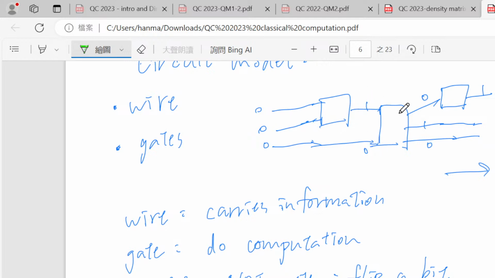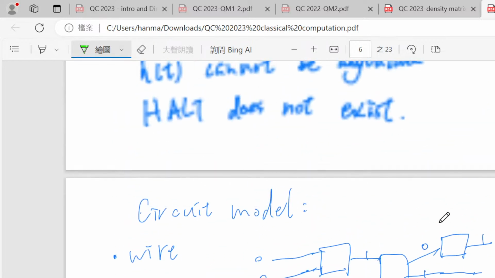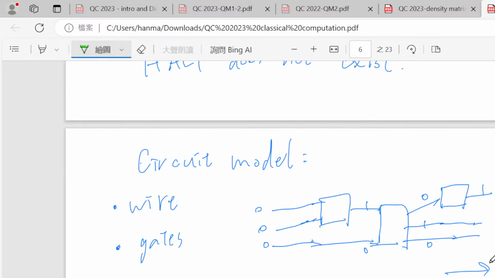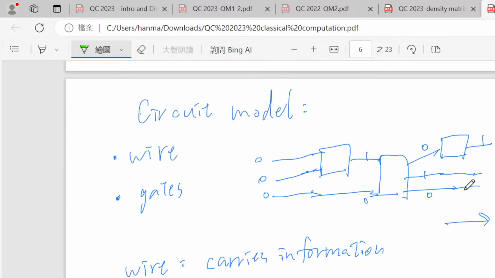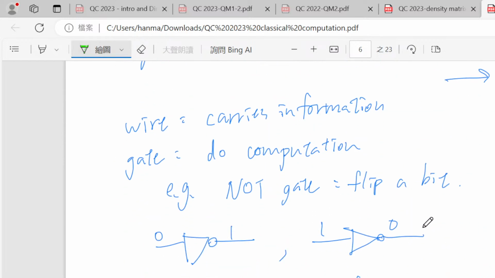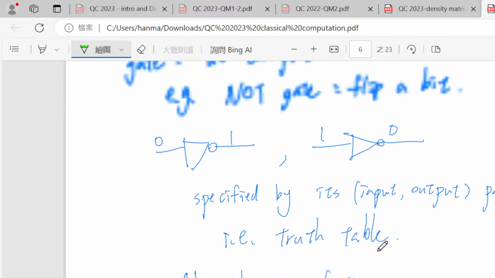And then this gate sees the input is 1, 0, and says we want to output 0, 1, 0, etc. And when we write this, time usually goes from left to right. Okay? So we think the left side is input and it goes to the right, and these are the output. So this is the circuit model, and some spoiler ahead, we are also going to think about a quantum computer in the circuit model.